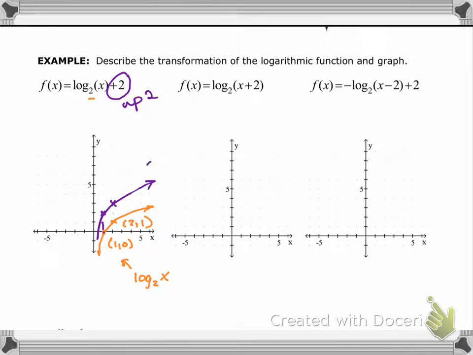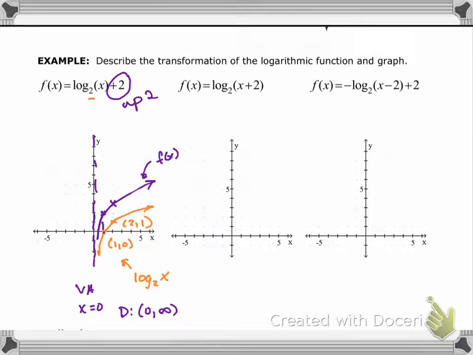That would be my f of x. All right, the vertical asymptote is right here. Vertical asymptote at x equals 0, and it doesn't change. So our domain remains the same from 0 to infinity. All right, that looks good. All right, let's look at the next one.